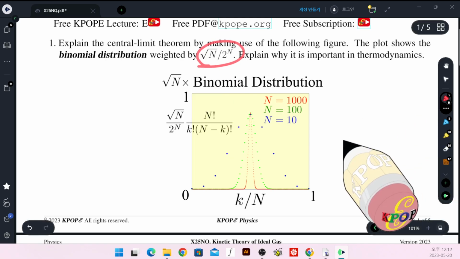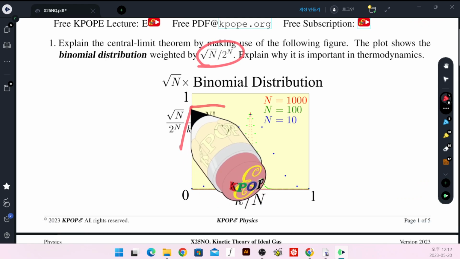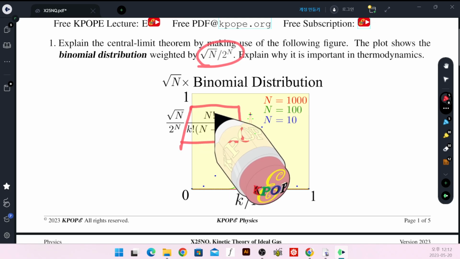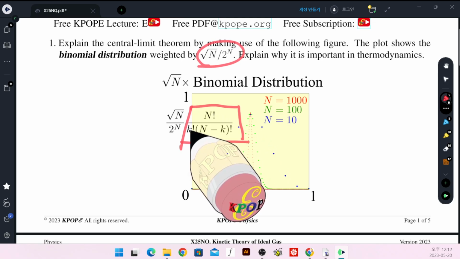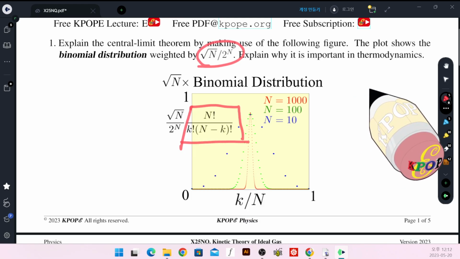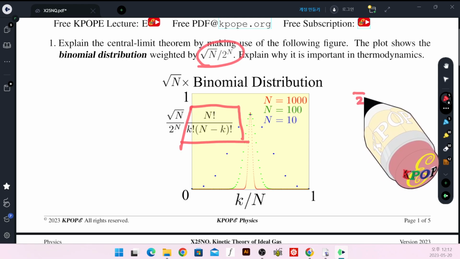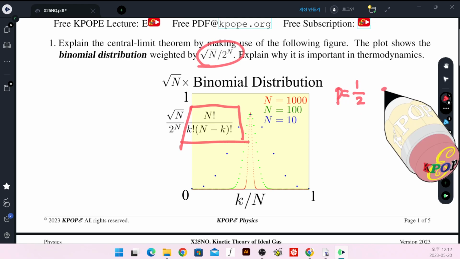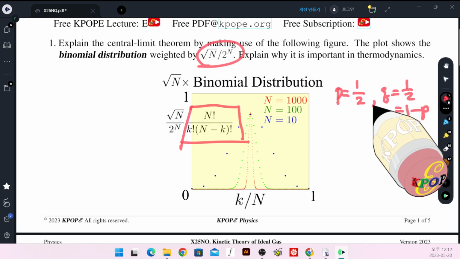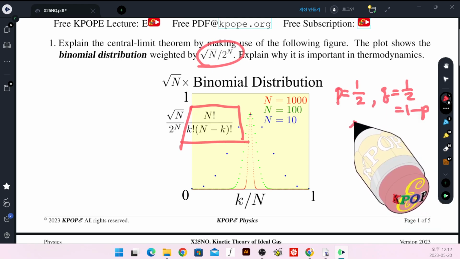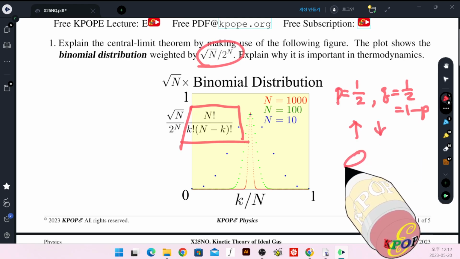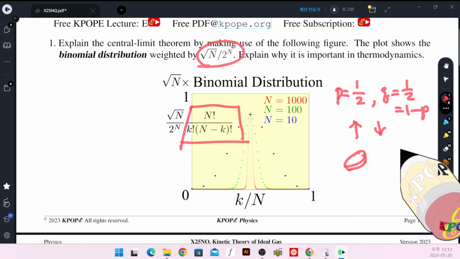This binomial distribution is mainly for the probability of finding n cases in the serial throw of p equals 1 half and q equals 1 half, that is 1 minus p. We have an event either up or down, or head and tail when you throw a coin.